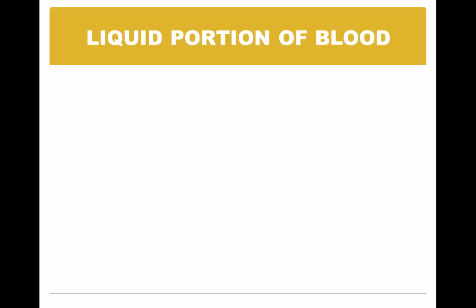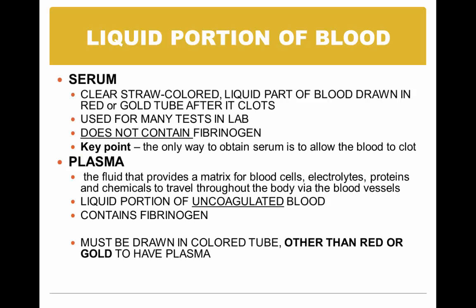The liquid portion of the blood. We have serum, which is a clear straw-colored liquid part of the blood drawn in the red or gold tube after it clots. It's used for many tests in the lab. It does not contain fibrinogen.